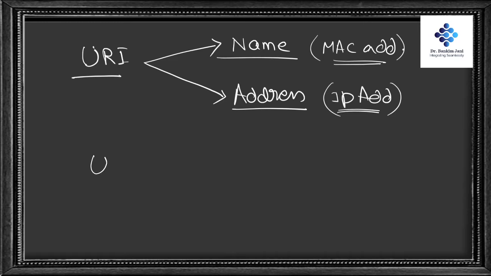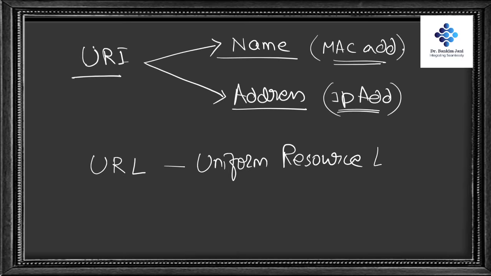Now there is lots of confusion between URL and URN. So this L is Uniform Resource Locator.